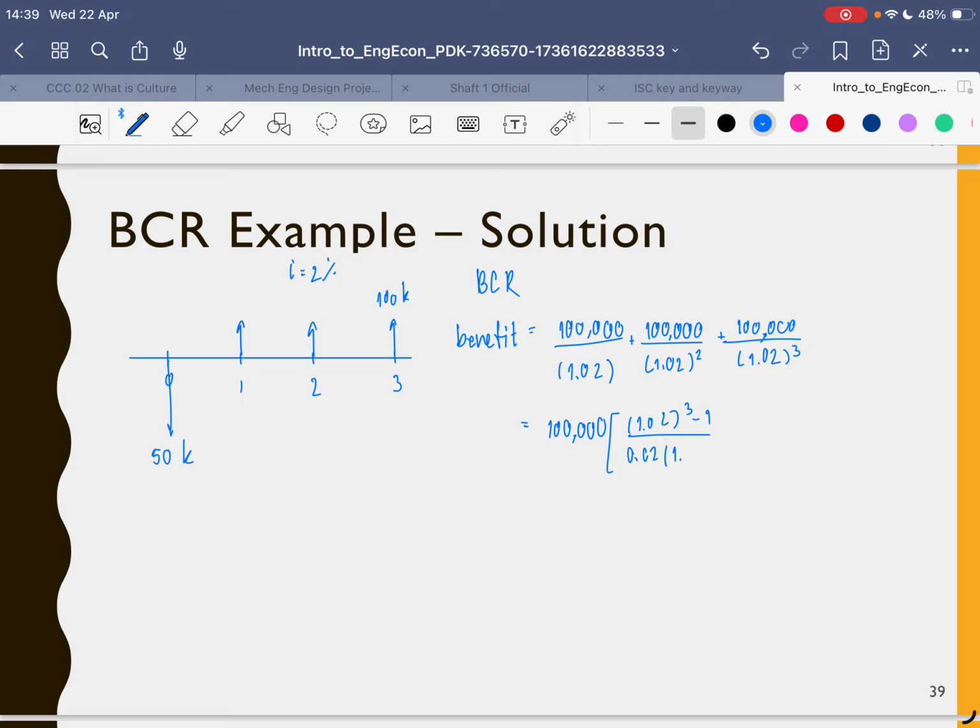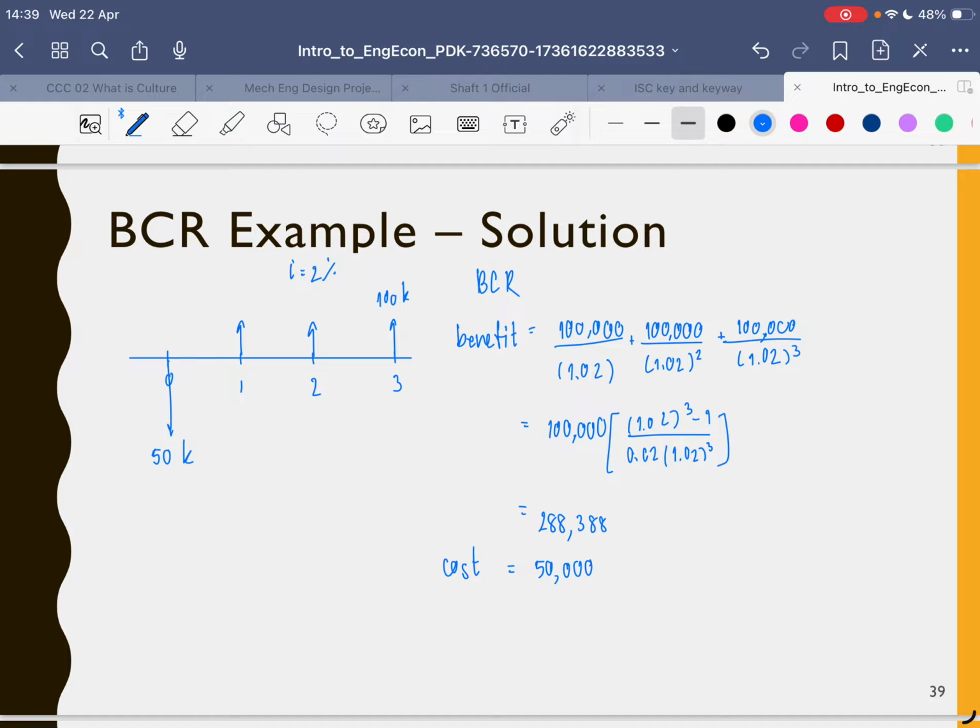This is going to be equal to 288,388. This is the benefit of implementing this project, and the cost is equal to 50,000.